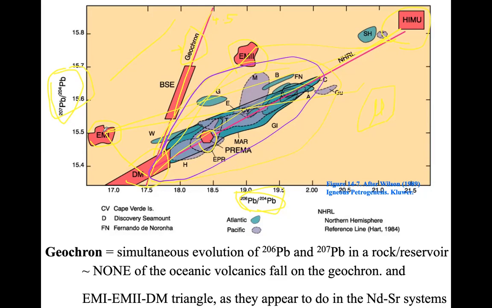The samples in the world should plot on both sides of this geochrone, because this is the isochrone of the planet Earth, but most of our samples are plotting on the right side of the isochrone. So this is a problem, right? It's a geochemical problem, unexplained yet, which we call the lead isotope paradox.